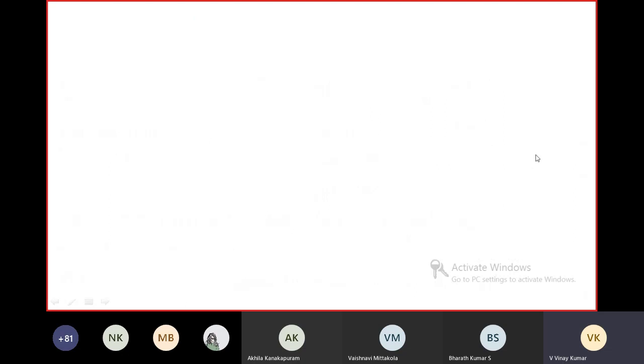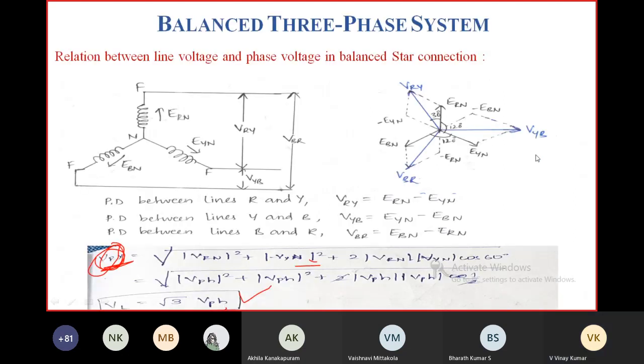After drawing all line voltages, this is VRY, this is VYB, this is VBR. Again, similar to phase voltage, all line voltages are equal in magnitude but displaced by an angle 120 degrees from each other. So VRY leads VRN by an angle 30 degrees, VYB leads VYN by an angle 30 degrees.